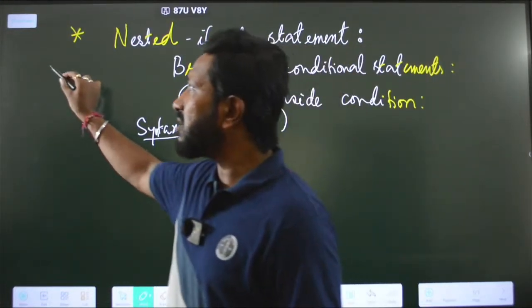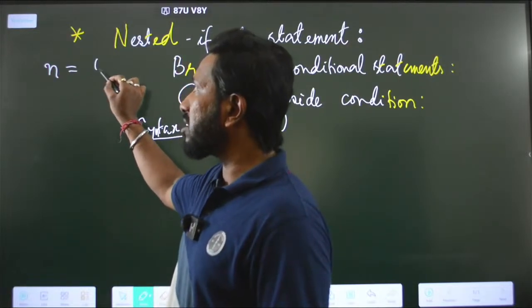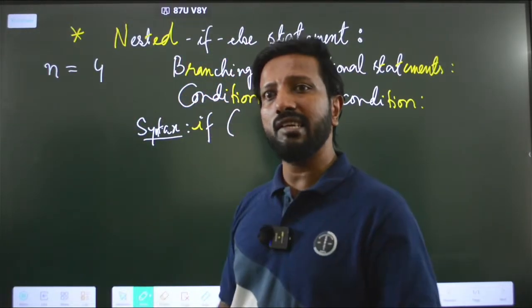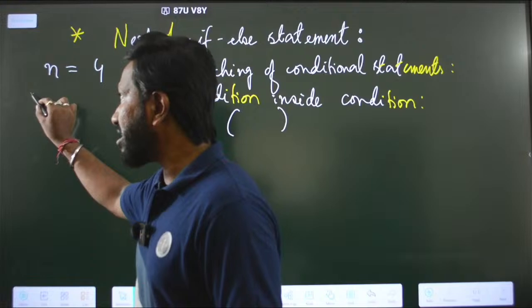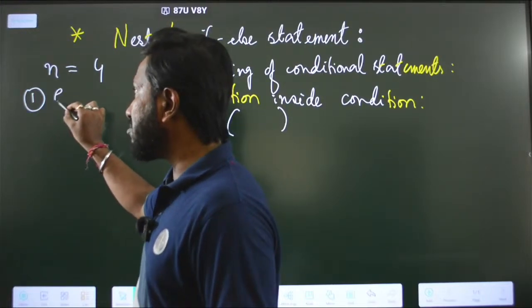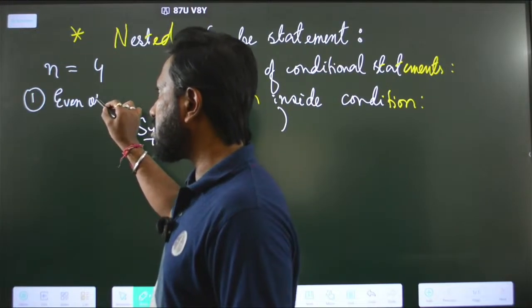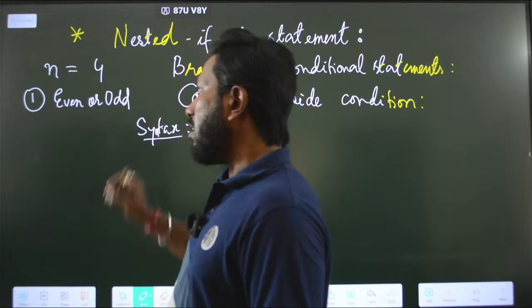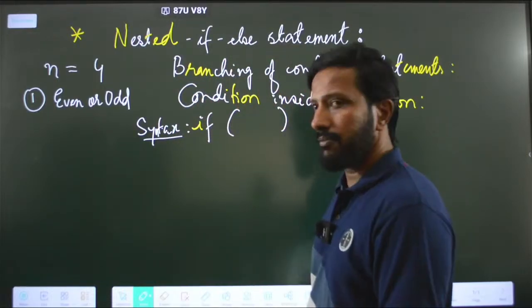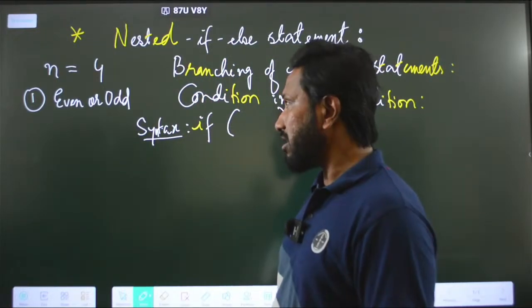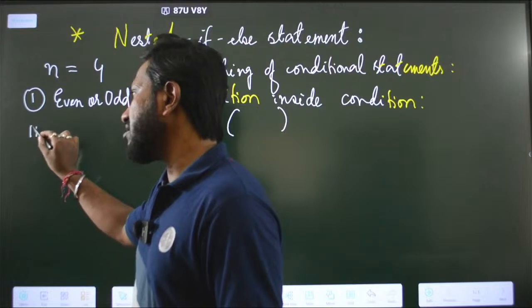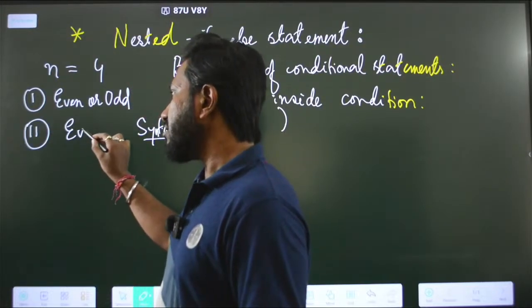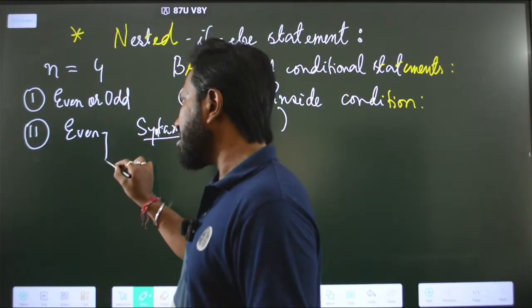I have a number n is equal to 4, okay, and you have certain criteria. The first criteria that they have given is, is the number even or odd? So that we have to check. And the second criteria they have given is, if it is even, is it divisible by 4?